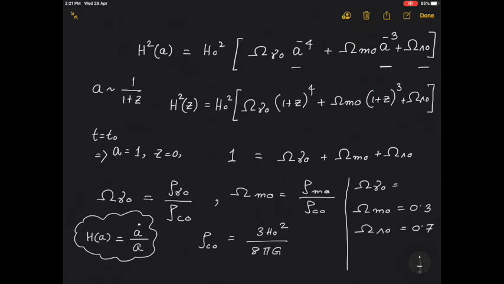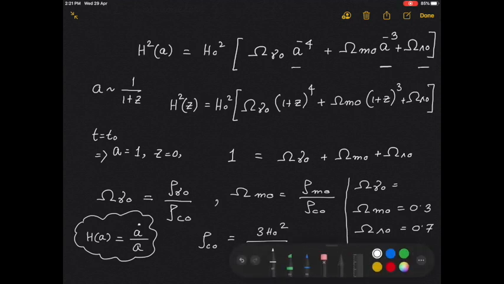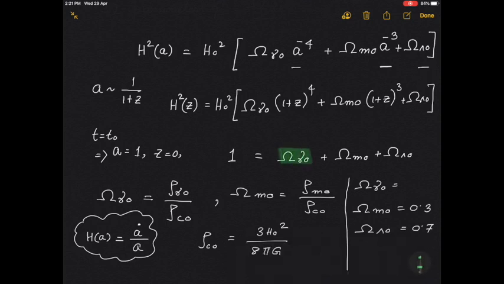We started with a metric, which is the FRW metric, and from that we just stated that the universe has different types of components. We call those components the radiation, which is here, the matter, which is here, and something we call a cosmological constant, which is here.